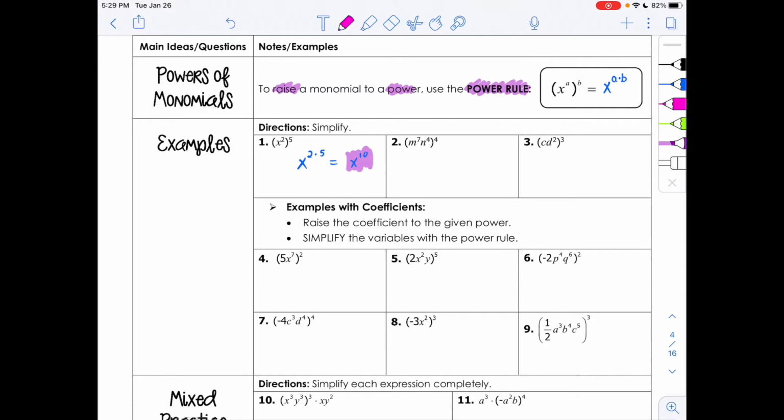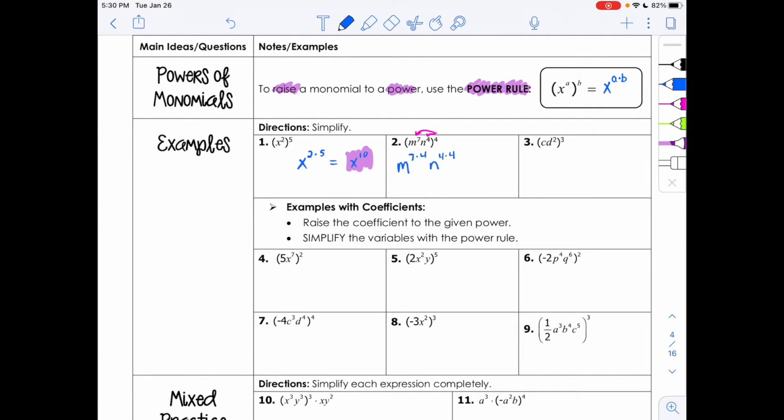So you want that power that's on the outside to be raised to everything inside your parentheses. So your base is going to stay the same for your first one, M. And that's going to be 7 times 4 because of the outside exponent. And then your N variable is going to stay the same. And then that would be to the 4 times 4.